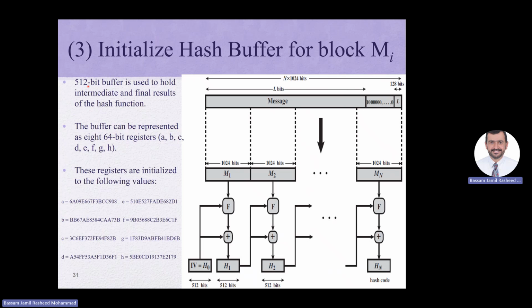So this buffer is going to continue with me along the algorithm. These are the initial values that we will initialize when we start the algorithm.